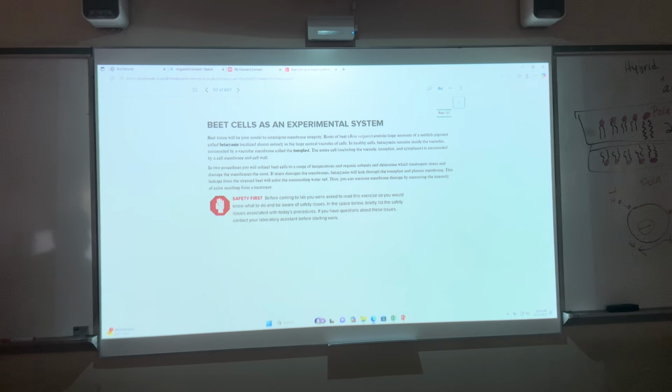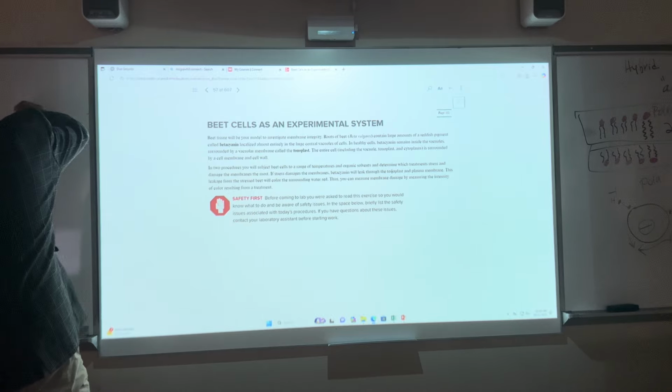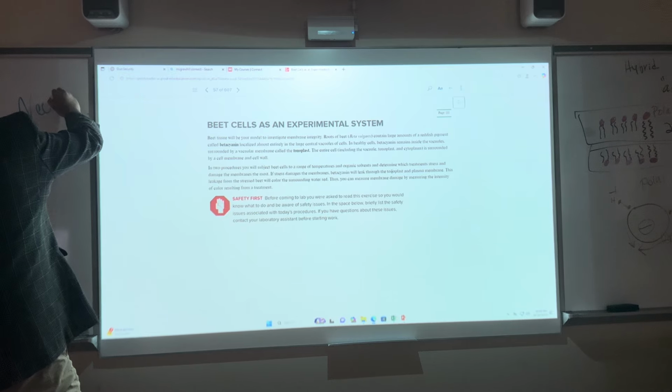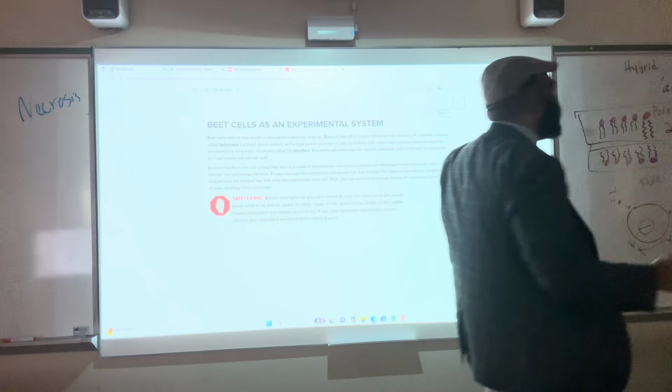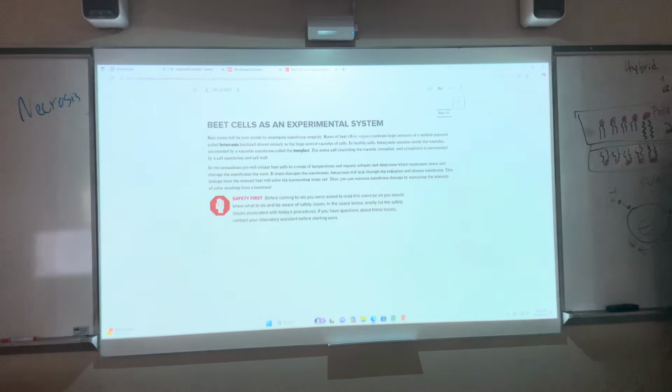This leakage from the stressed beet will color the surrounding water. The water is going to be red. That means the plasma membrane integrity has been lost, damaged. It's called necrosis. When the cell membrane is damaged, it is called necrosis. What is necrosis?